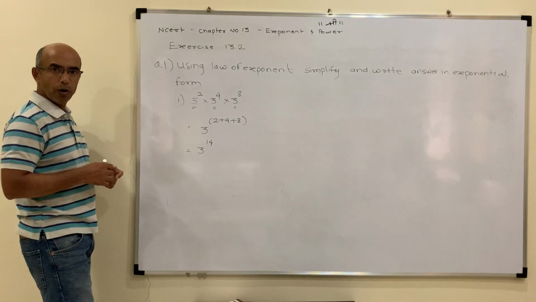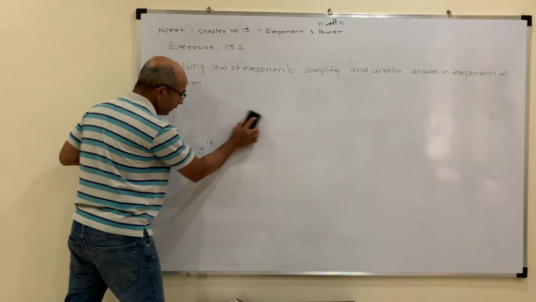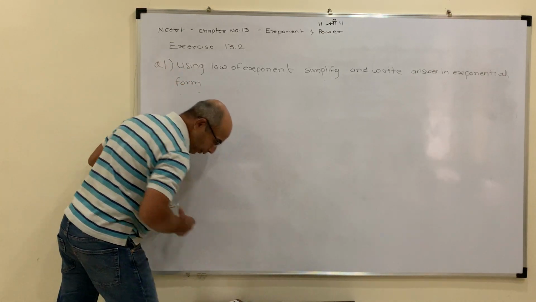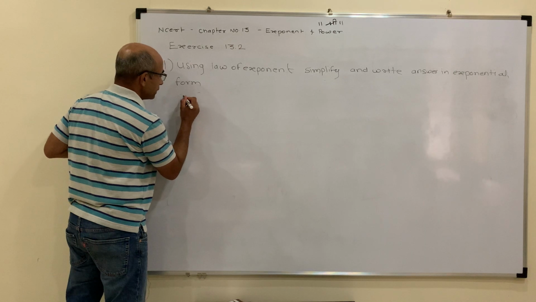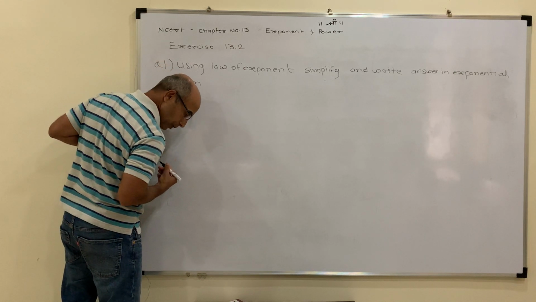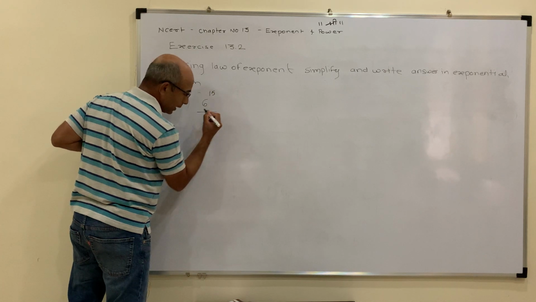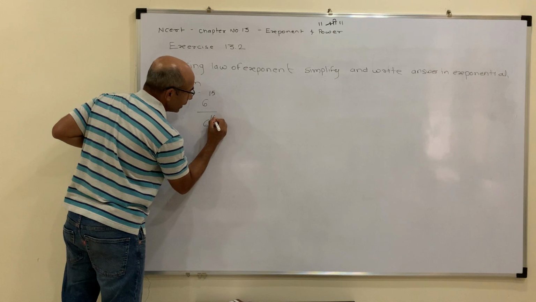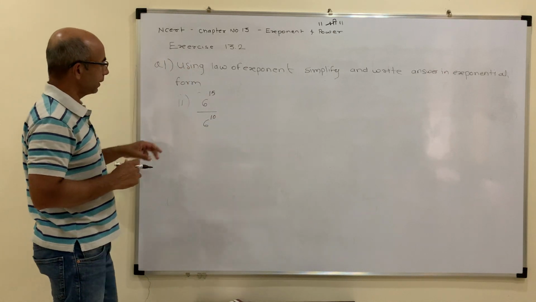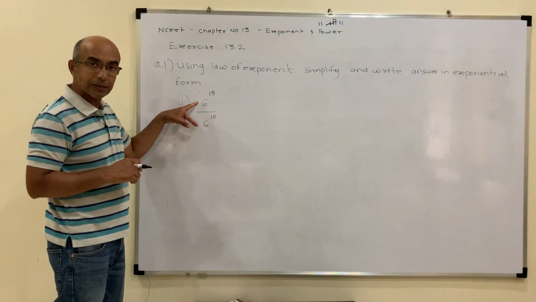Now I'll move on to the next question. These are very simple, but we need to solve them and make a good practice of it. Second one, 6 to the power 15 divided by 6 to the power 10. Again, first thing we need to make sure is that the base is same.